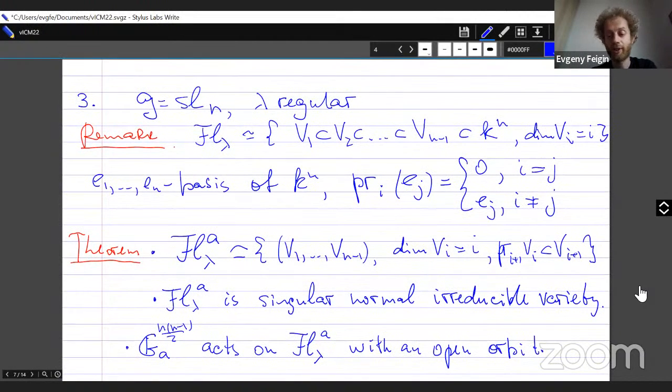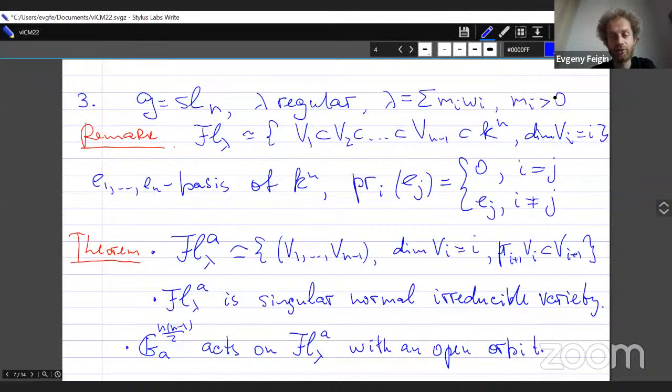Now let me consider a special case, the type A case. So G is SLN and lambda is regular. This means that lambda is the sum of m_i omega_i, and all m_i are strictly positive.